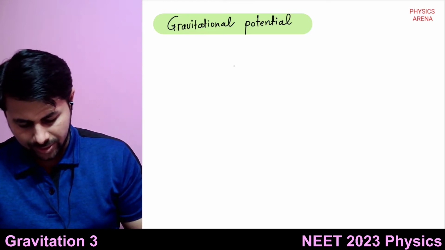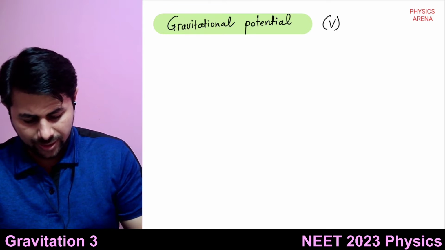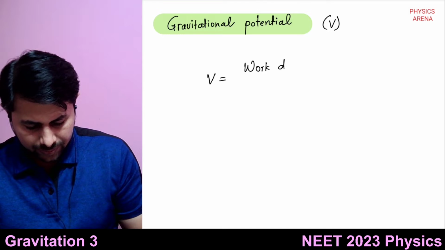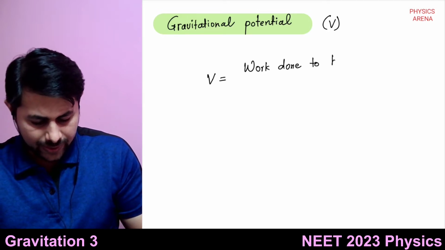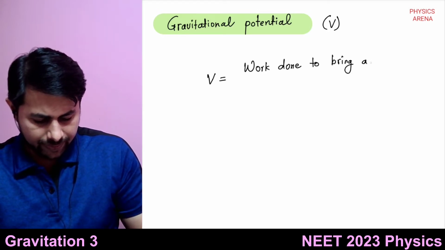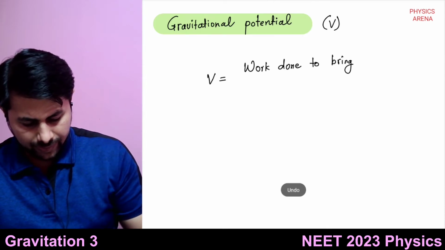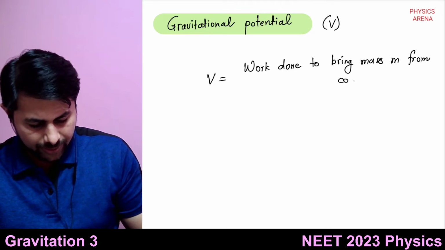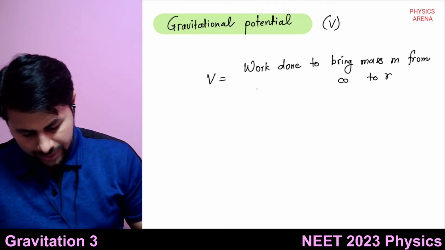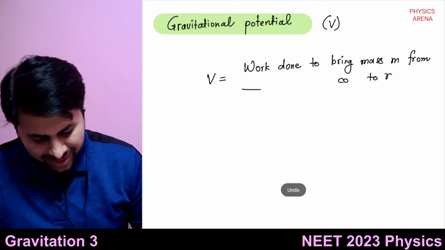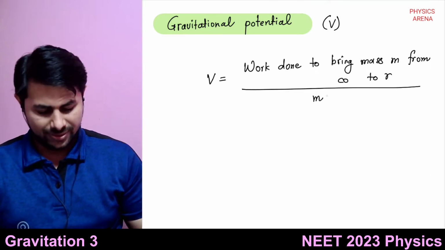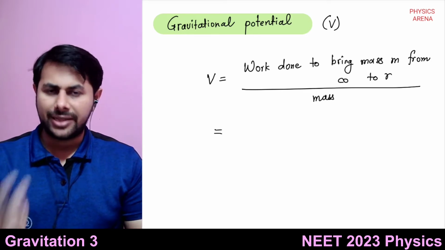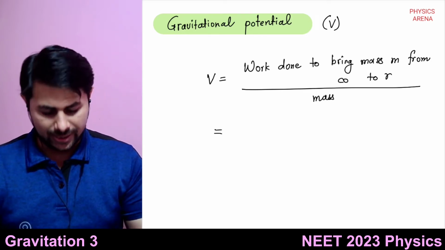Gravitational potential is denoted by letter V. So V is equal to work done to bring a mass m from infinity to r divided by that mass. So it is work done per unit mass to bring that mass from infinity to distance r.